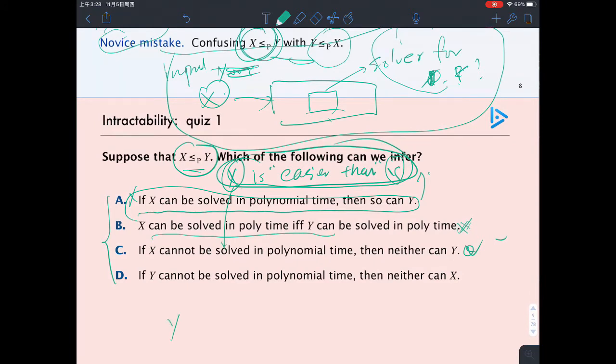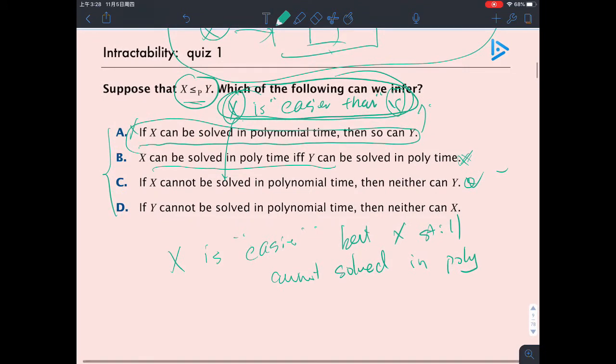Basically, x is easier, but x still cannot be solved in polynomial time. Sorry, we are still not into the NP problem.